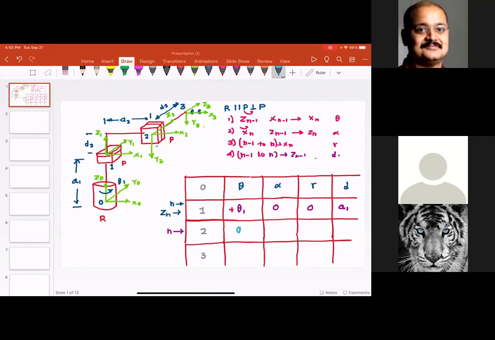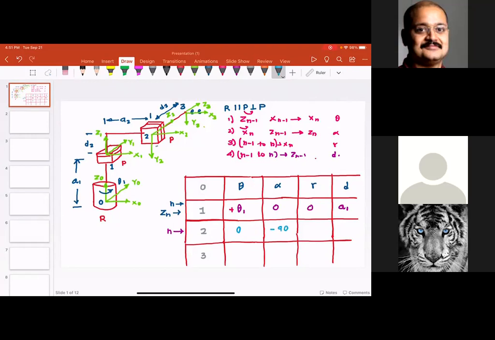Now the next rule is rotation about xn, which is x2, so that zn minus 1, which is z1, gets aligned with z2, and now this is minus 90.